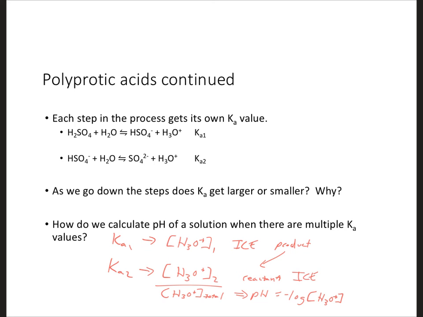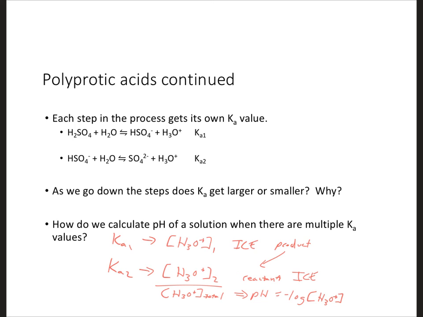Now, for all practical purposes, that second ionization usually doesn't donate enough protons to really change the amount of protons that went into solution with the first donation of a proton, but we'll see that in the next examples, and usually when you round for sig figs, everything that happens in that second ice table can kind of go away.